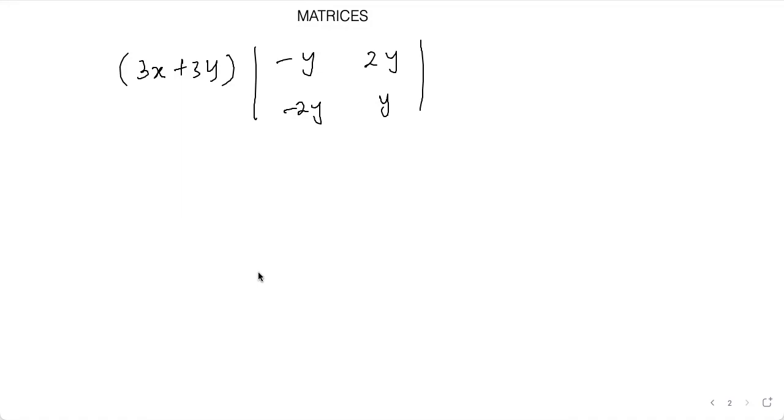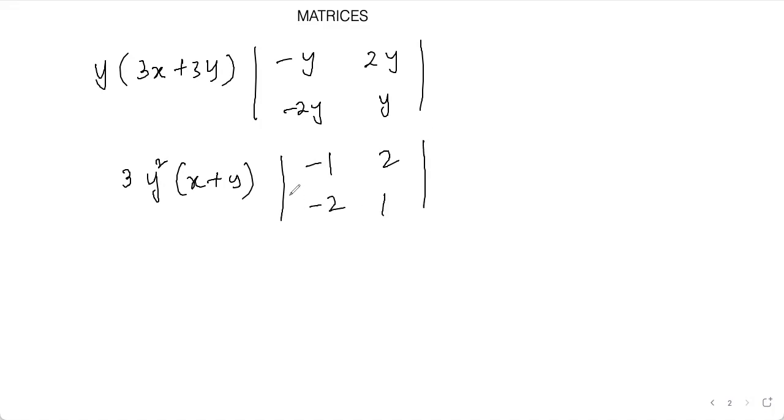So if you take y outside, you will have y square into 3 and x plus y, times the determinant minus 1, 2, minus 2, 1.